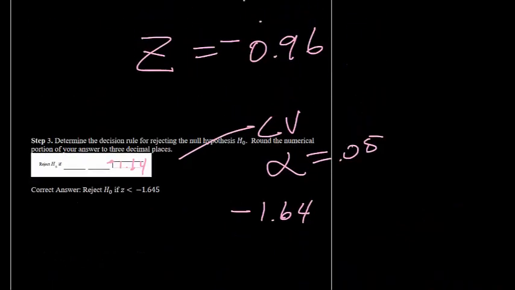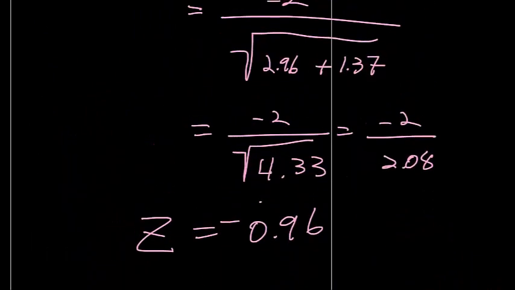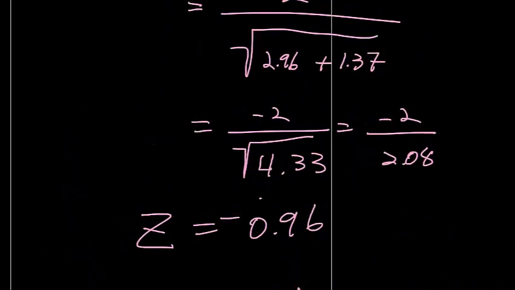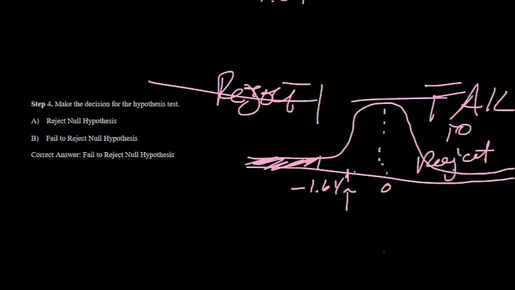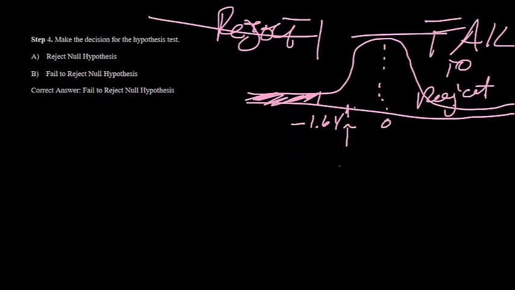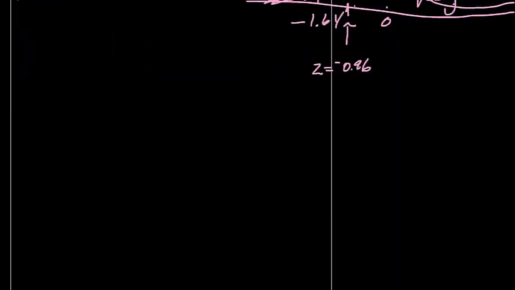So our critical value is negative 1.64. What's our z? Our z is negative 0.96. So if I come down to the mean, 0.96 is going to be about here somewhere. This is z equal to negative 0.96. Therefore, I fail to reject the null hypothesis. Okay.